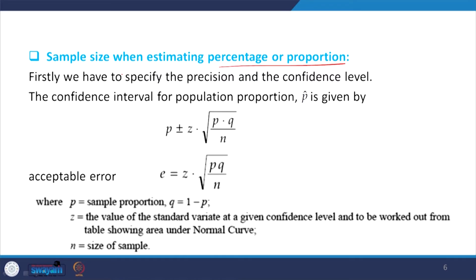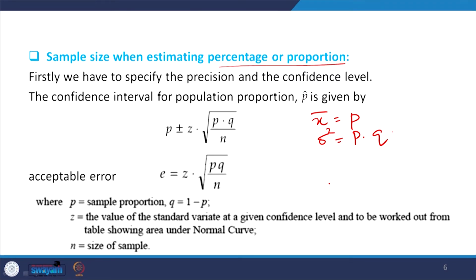Usually these are referred to in the context of the Poisson distribution, where the probability of success and failure is given. So, the mean of the distribution is actually p, whereas the variance is p times q. So, the standard deviation is the square root of p times q divided by n.